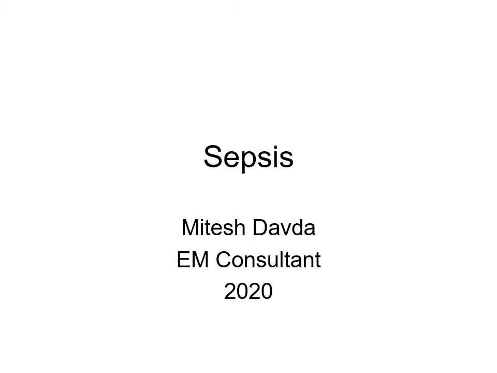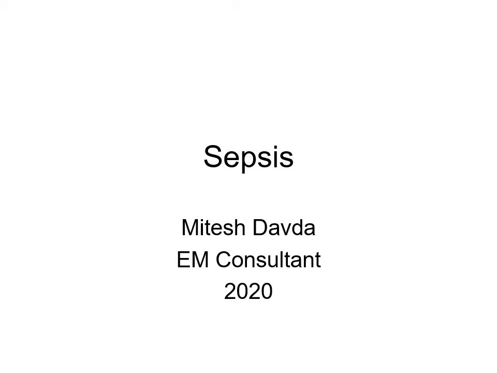So, firstly, I want to ask, does anyone know what sepsis actually is by definition? So, the international definition of sepsis is a life-threatening organ dysfunction caused by a dysregulated host response to infection. Quite a mouthful, but in summary, it is basically the body's response to infection.